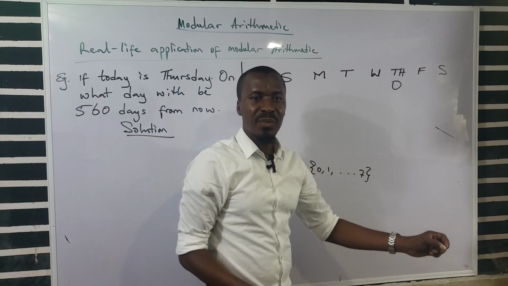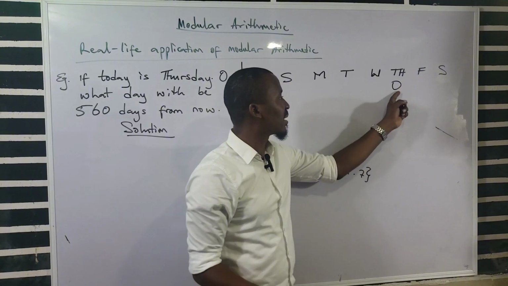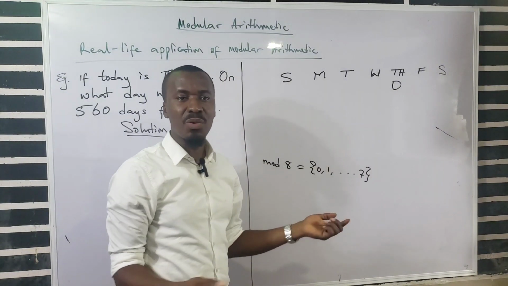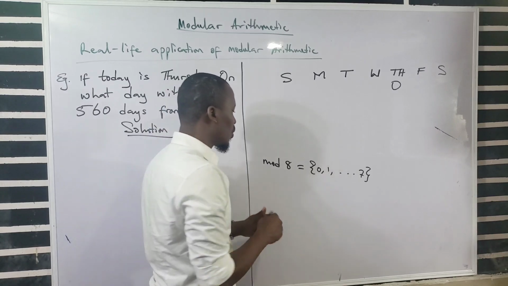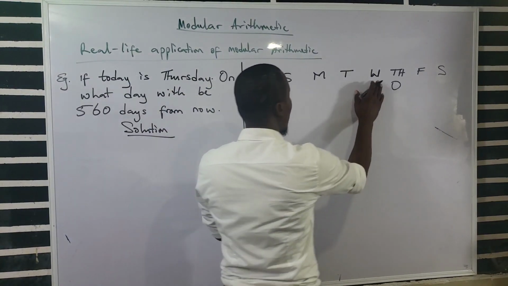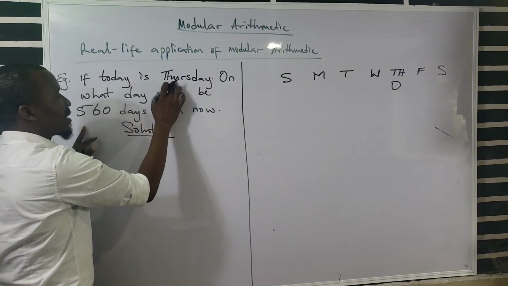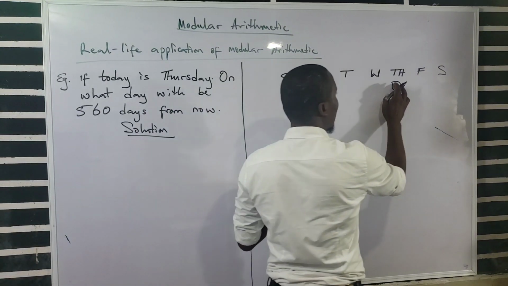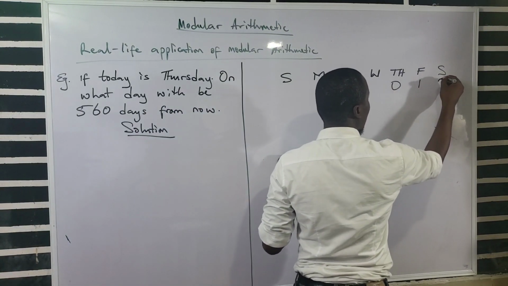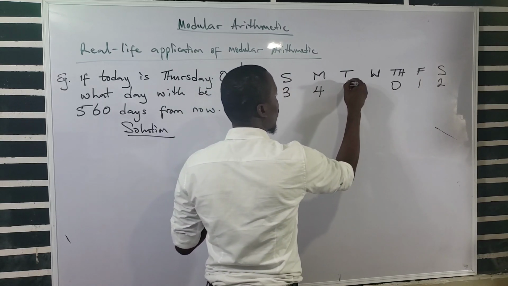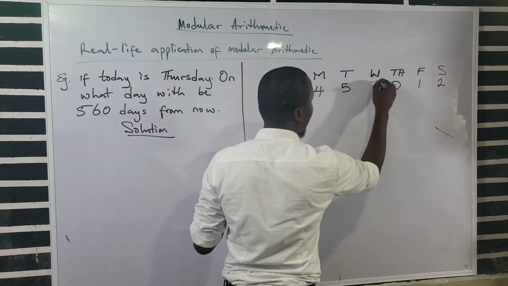The first day, or the day we started, is regarded as 0, because 0 is always the first digit in modular arithmetic. So in this case, for this question, if today is Thursday, Thursday is going to be 0, then Friday 1, Saturday 2, Sunday 3, Monday 4, Tuesday 5, and Wednesday 6.